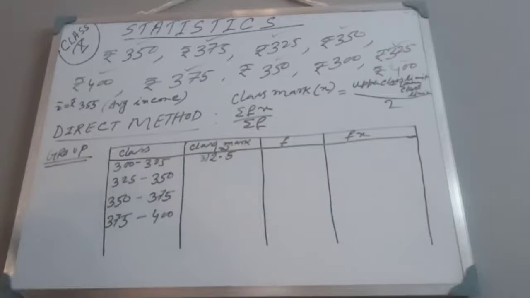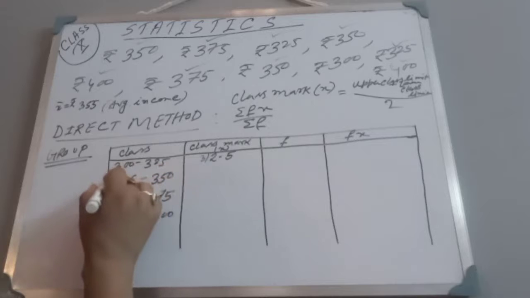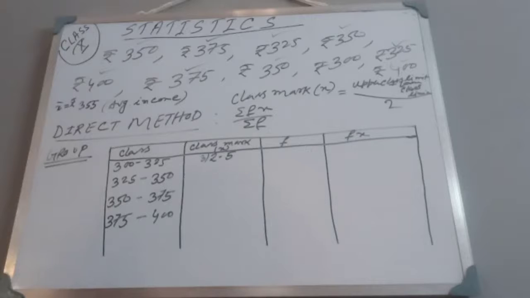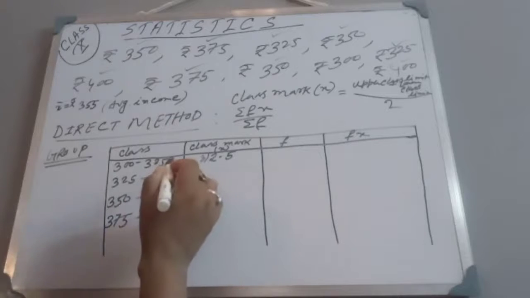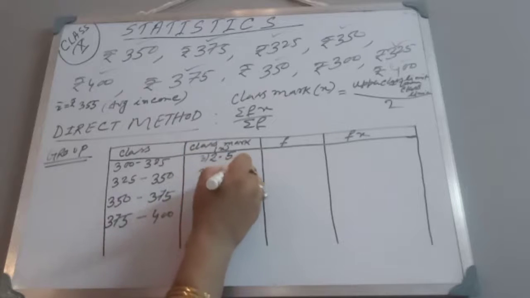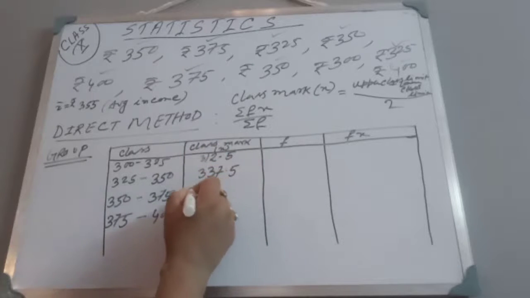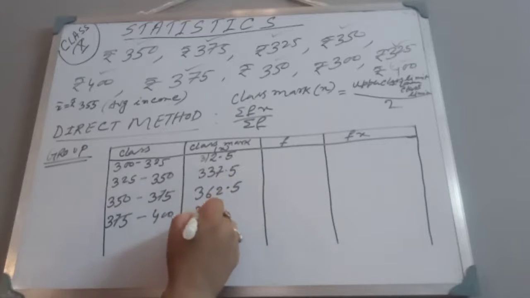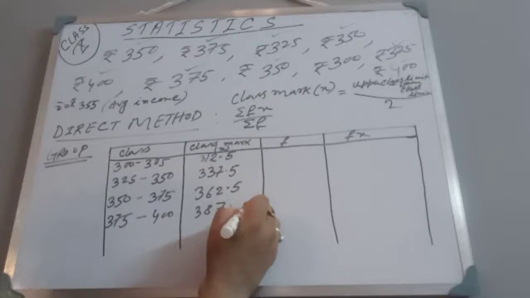625 by 2 gives 312.5. Next, 350 plus 325 is 675, and 675 by 2 is 337.5. Next is 362.5, and next is 387.5.